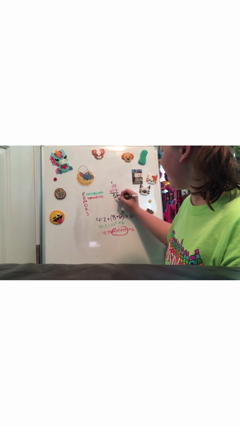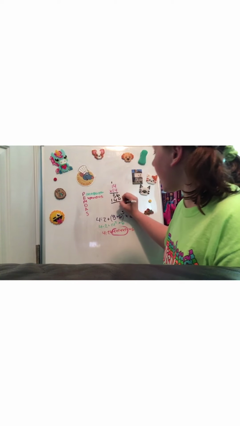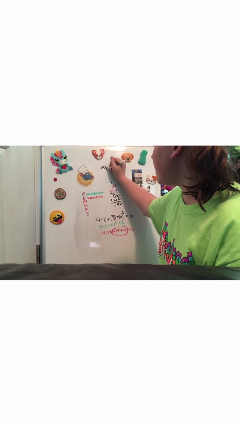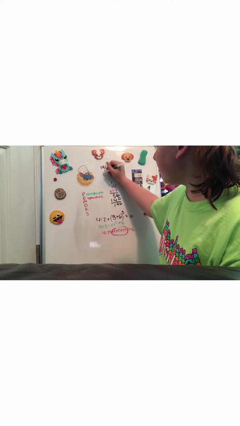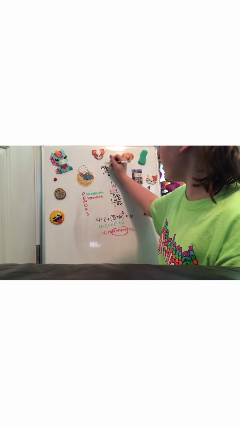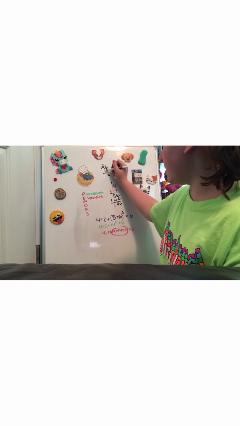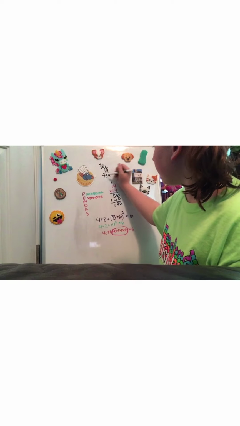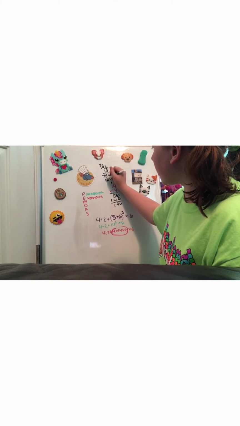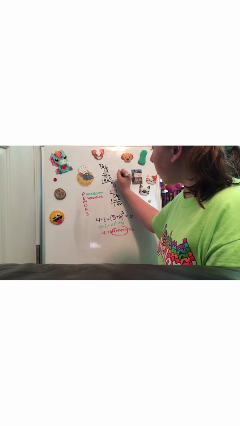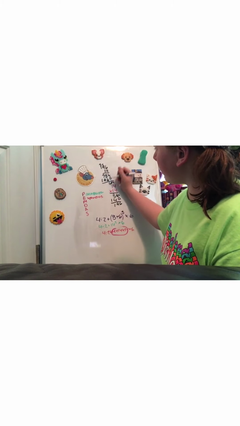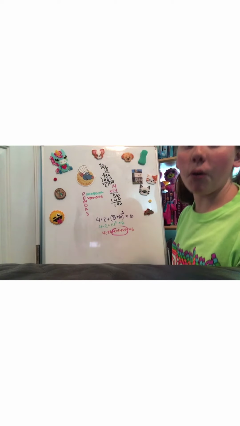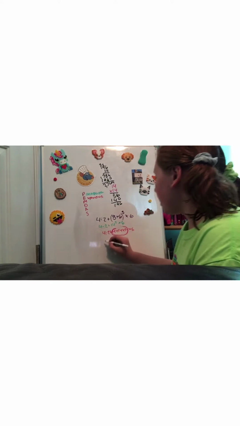Add this together: 196. 196 times 14 gives us 2,744. That's a pretty big number. So we're going to write that down here.